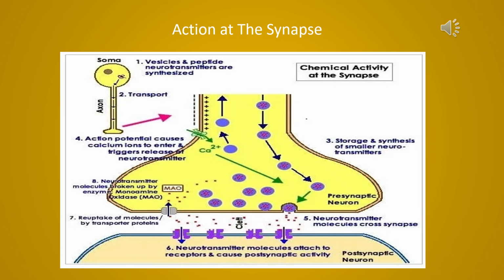So in the case of acetylcholinesterase, the example I gave you was the malathion that I was using to kill bugs on my fruit trees. The acetylcholinesterase degrades the acetylcholine so that the signal stops because the neurotransmitter is degraded by the enzyme. In this illustration, the enzyme being referenced is monoamine oxidase.